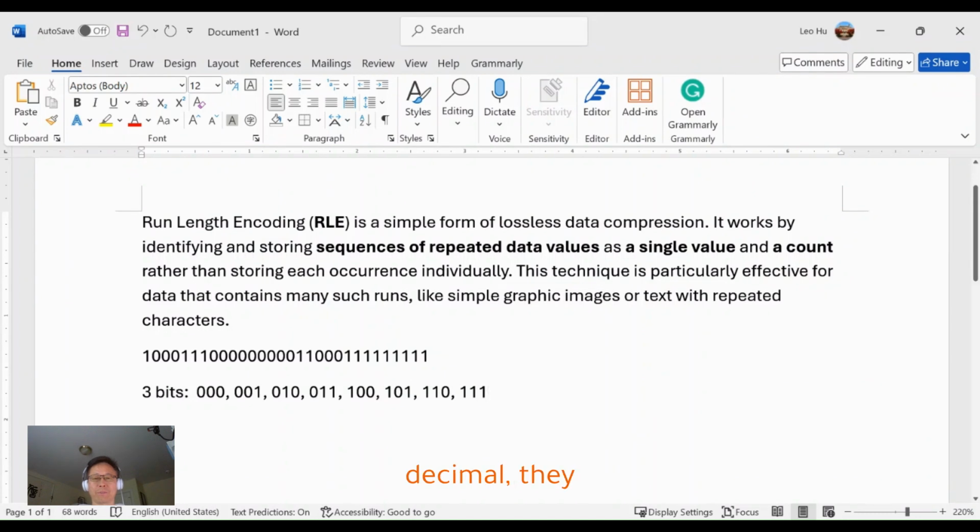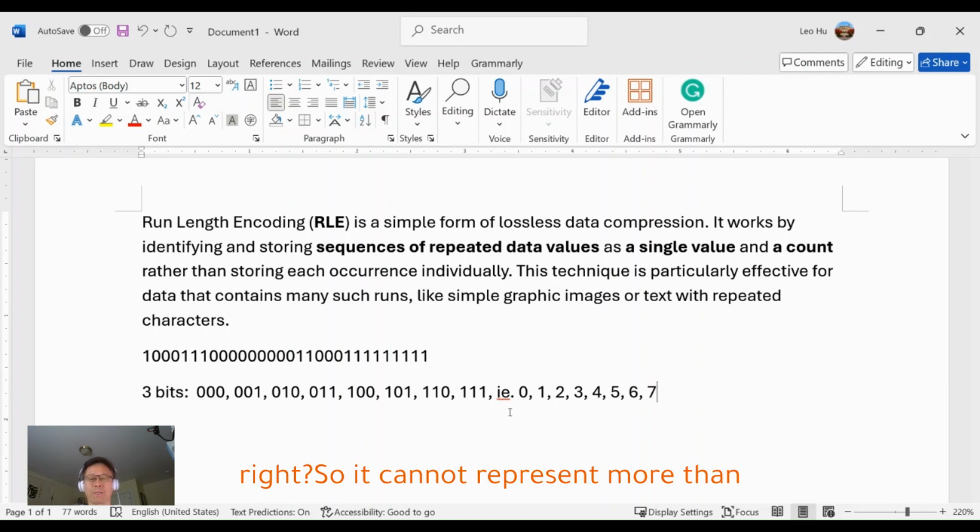In decimal, they are 0, 1, 2, 3, 4, 5, 6, and 7. 3 bits cannot represent a bigger number, right? So it cannot represent more than 7 bits in a group or in a run.